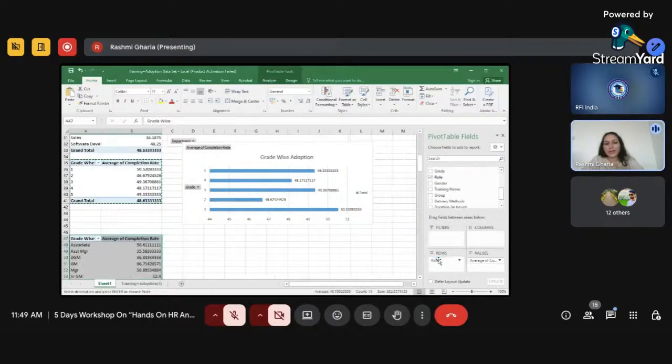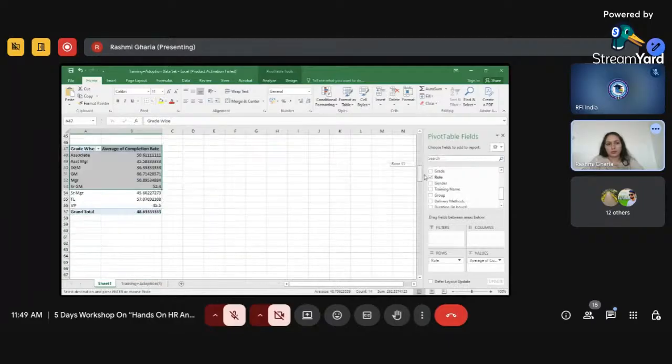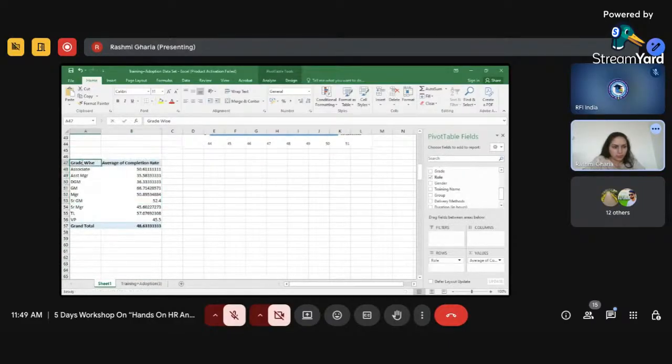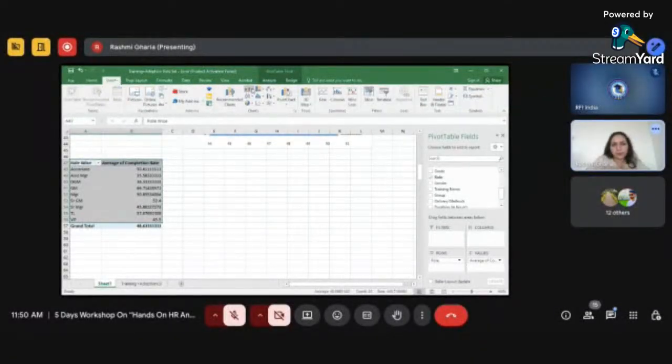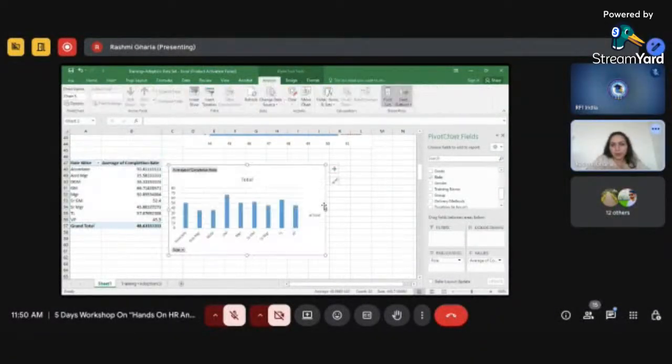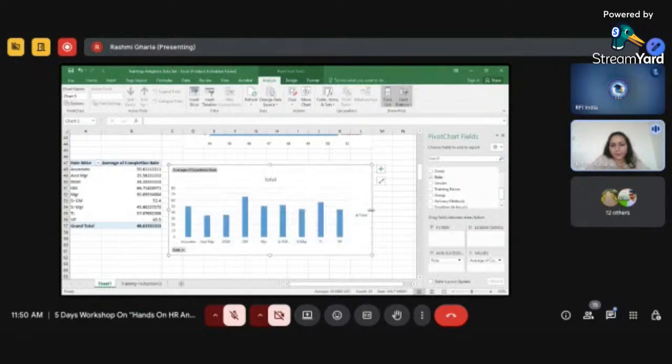What is the role-wise adoption rate? If you see here, what can be the interpretation, or what insights can we draw from here?